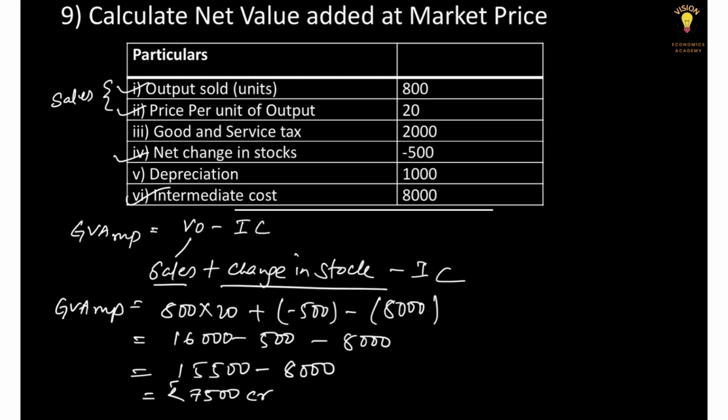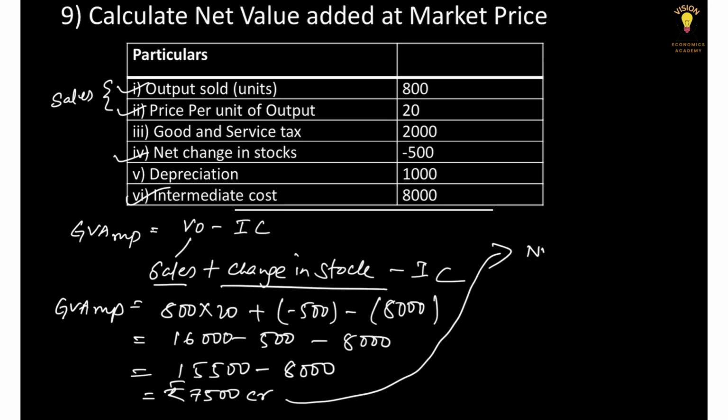7,500 crores. But what we need here is to find NVAMP. From GVAMP to NVAMP, we just have to subtract depreciation.